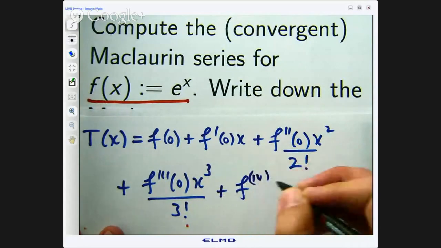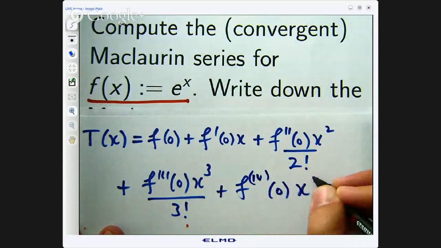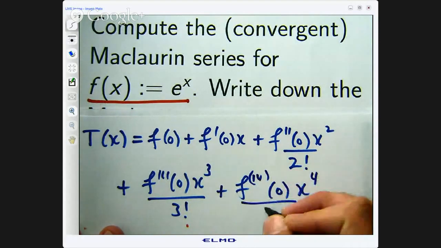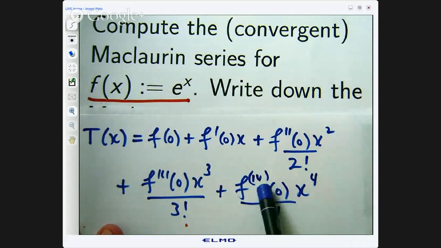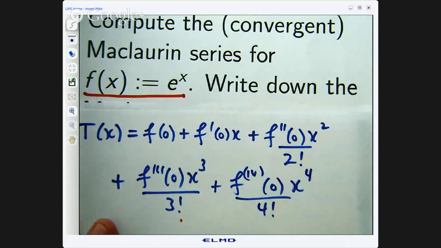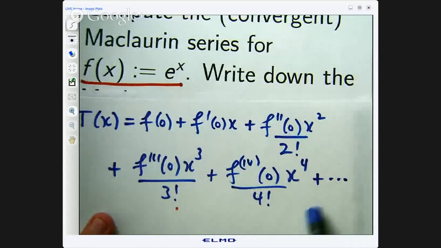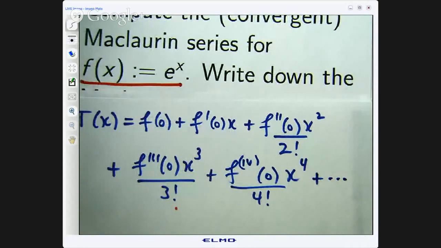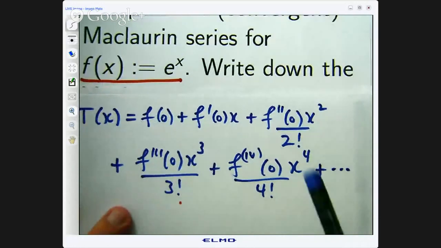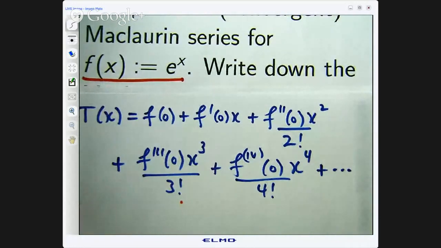And you keep increasing the derivatives, the powers, and the factorials by 1 each go. And instead of stopping like you would for a Maclaurin polynomial or a Taylor polynomial, you keep going.